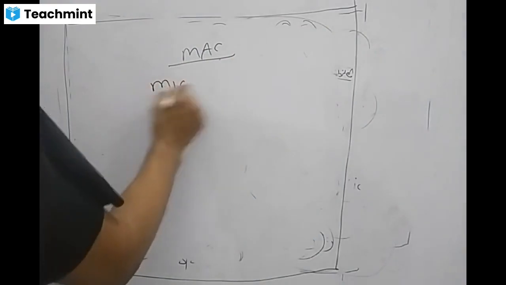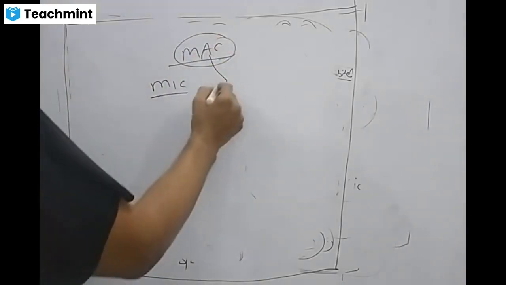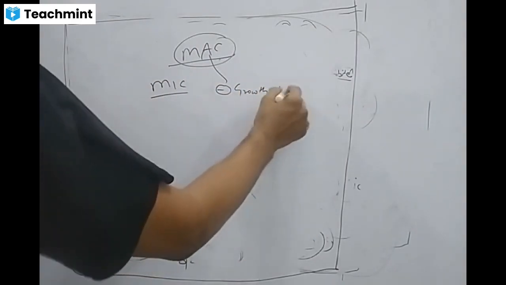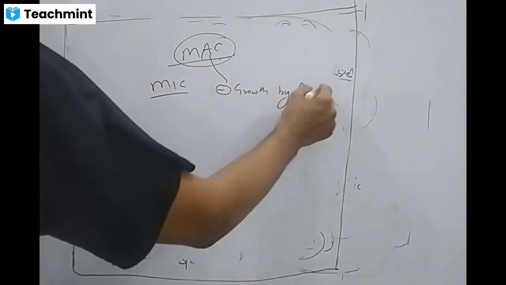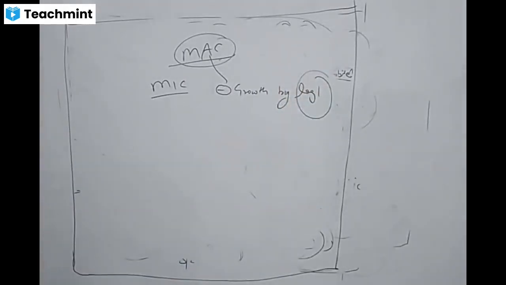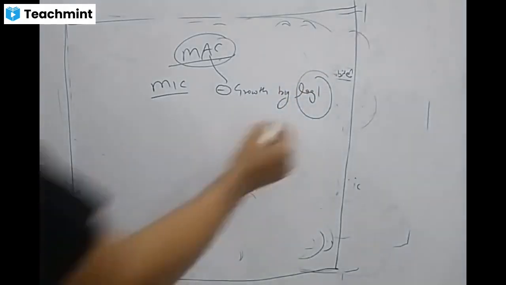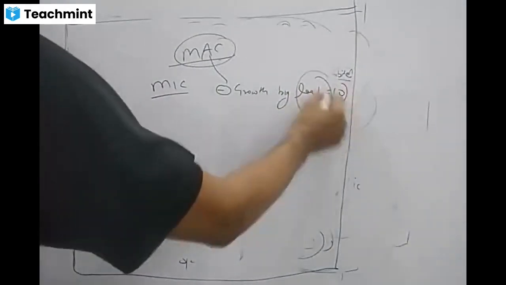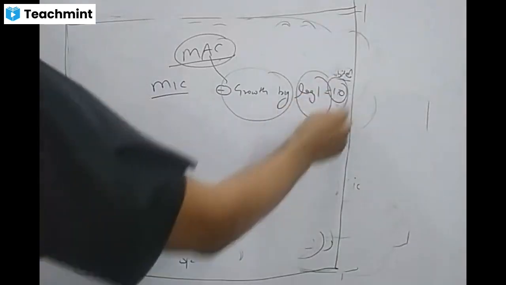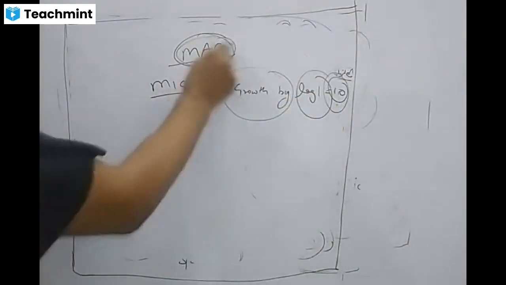MAC means inhibition of growth, but by 1 log, and 1 log means a factor of 10. So if the growth is inhibited by a factor of 10, we call it MAC.